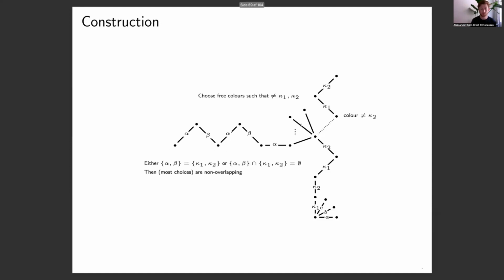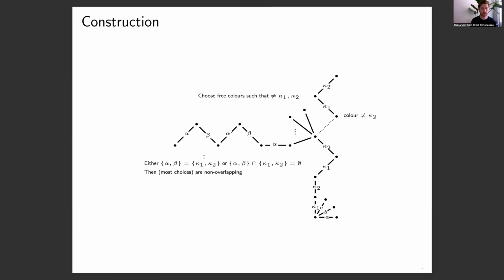And if we're lucky, then at some point this construction simply ends, and we can make a bichromatic path, and we can certainly make sure that we pick the available color at the center of the fan to be something that is not kappa 1 and kappa 2, because it will also have two available colors, and neither of these will be kappa 2. But what might happen also is, of course, that we end up at a vertex where we have to pick kappa 1 or kappa 2, but that's also fine.